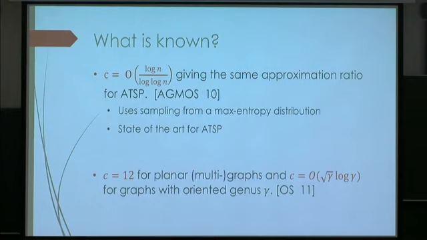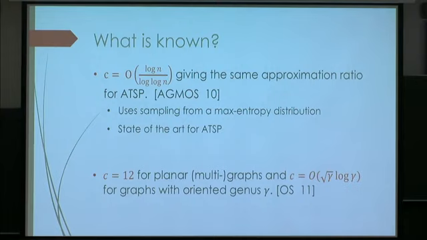So for c equal to O of log n over log log n, with Arash Asadpour, Michel Goemans, Aleksander Madry, and Shayan Oveis Gharan, we give an approximation algorithm with the same factor for ATSP. That was 2010, that's 6 years ago, and since then there hasn't been any improvement. Even 6 years ago, it was the first improvement after 20-some years.